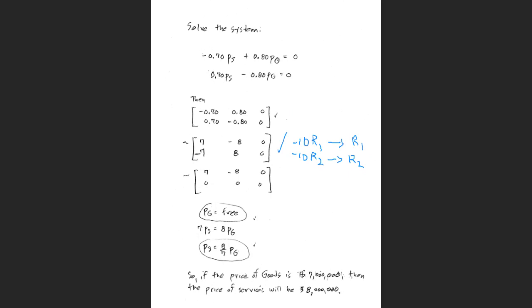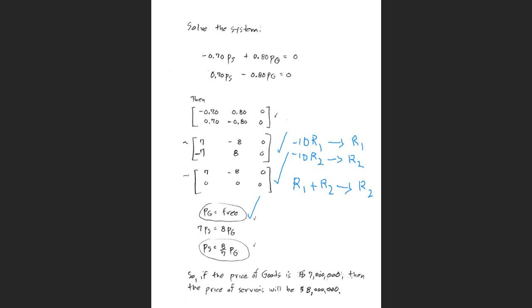Now if I just add row 1 to row 2 and replace row 2 with that result, that'll give me this here, and it's in reduced echelon form. I'm going to have one free variable.